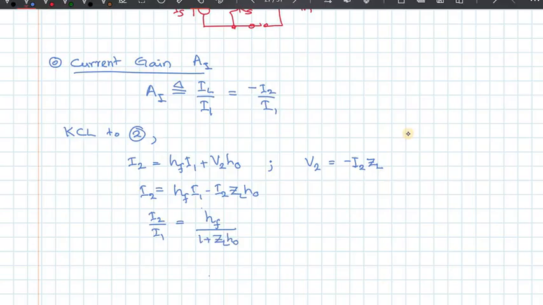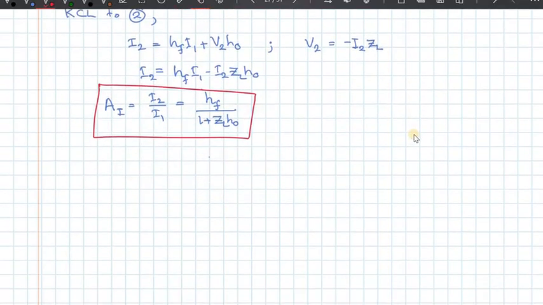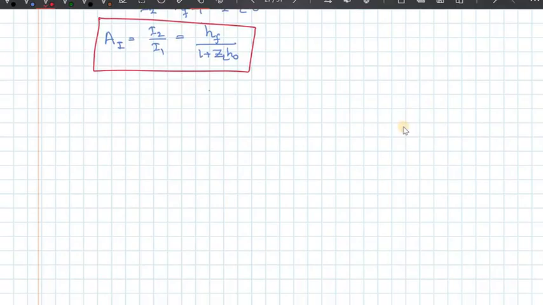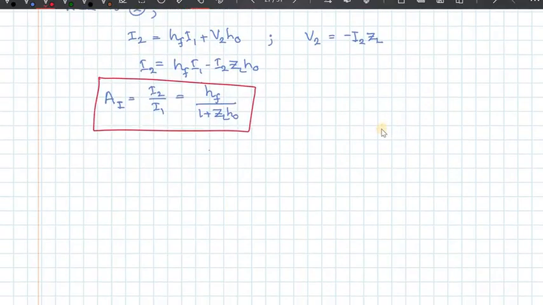So I know my current gain in terms of the circuit parameters. Now mind that the load impedance ZL is also there. Obviously, current gain depends on the output load that is connected to the circuit.